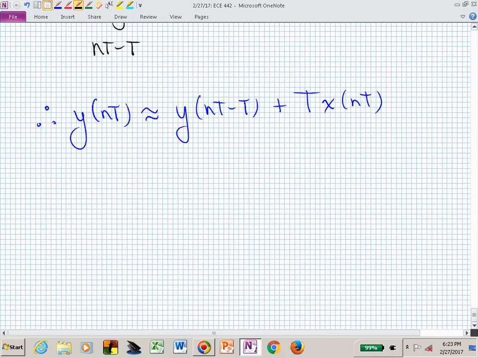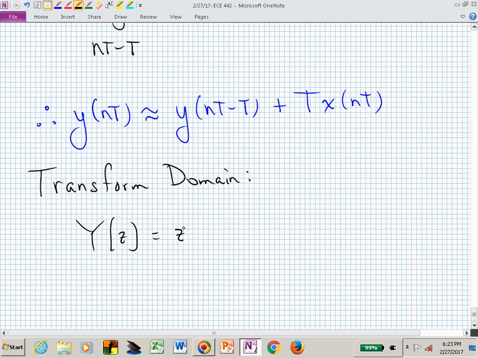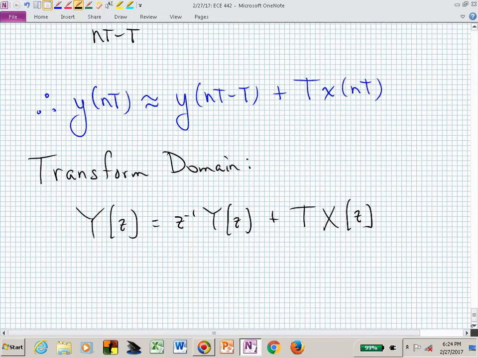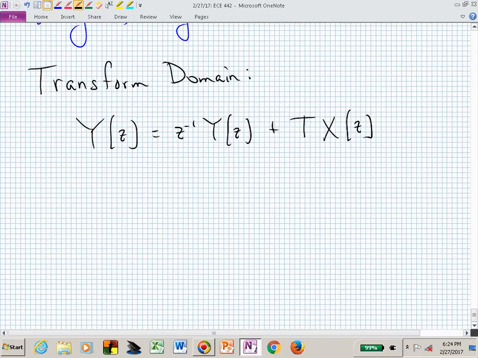That's the time domain. That's begging us to now go into the frequency domain. Doing that, we have capital Y of z is equal to z to the minus 1 capital Y of z plus T capital X of z. And it's a little different than what we had before. So now, can I just go ahead and find the transfer function?